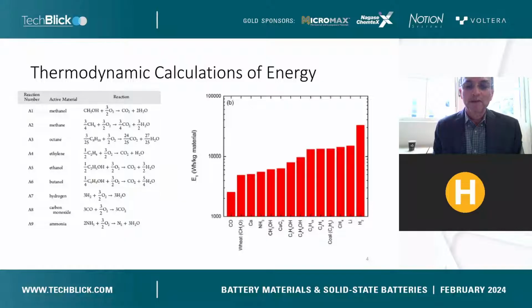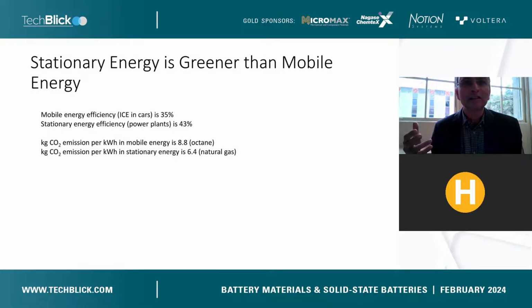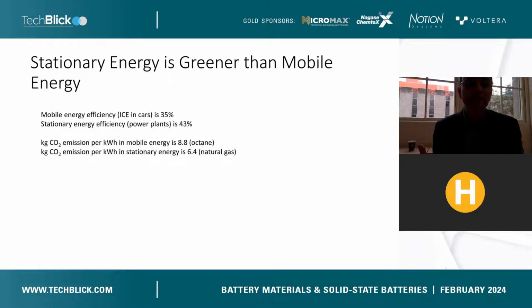So we can take these calculations and try to see what the carbon footprints of various technologies are, entirely based on thermodynamics. So it's not based on data, assumptions, policies, etc. What does thermodynamics tell us? So that's the point that this talk makes.